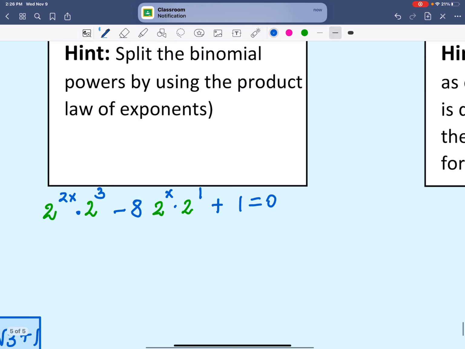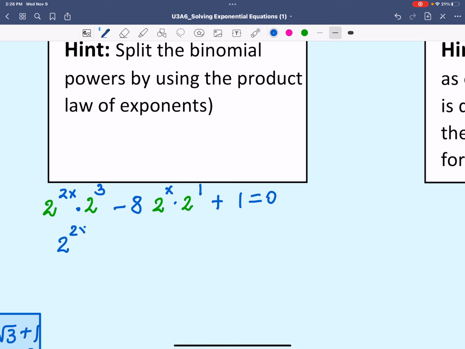So now we're going to take another look at this. So wherever you see numbers that you can evaluate, we will. So we have 2 to the power of 2x, and then multiplied by 2 to the power of 3. So 2 to the power of 3 is 8. And then we have minus, and pay close attention to this term in here.